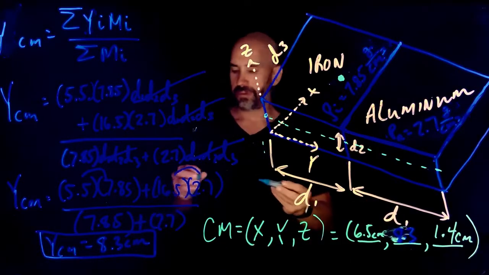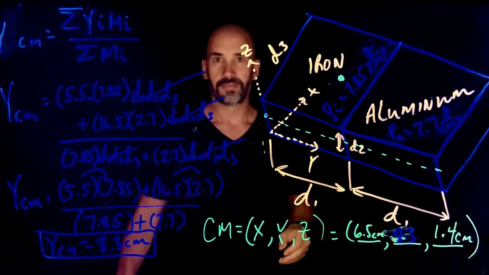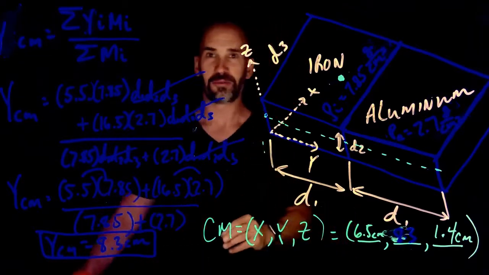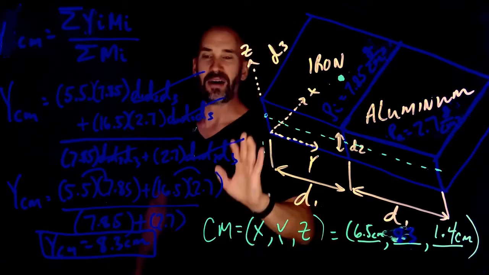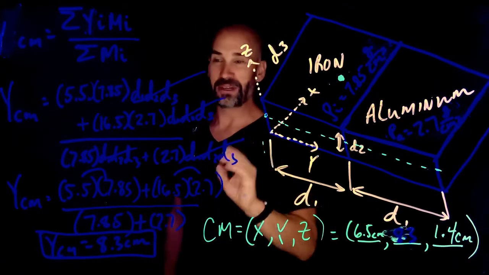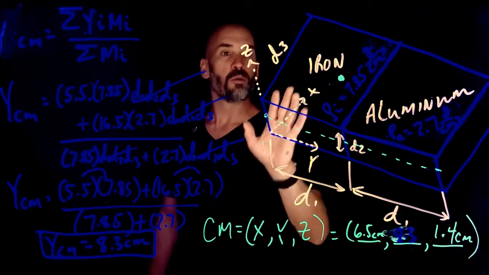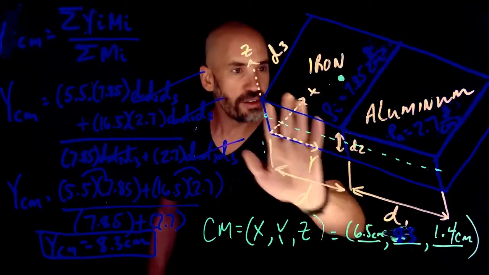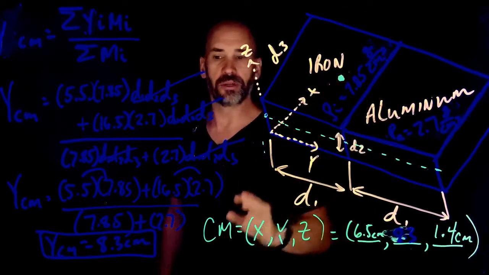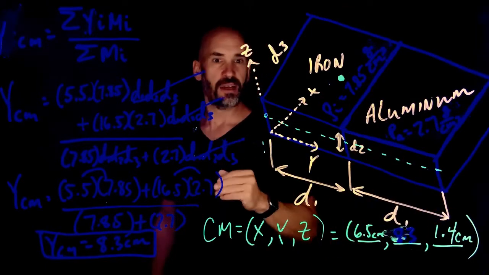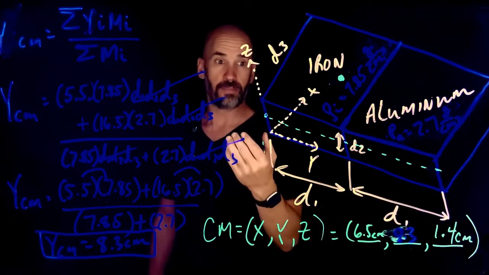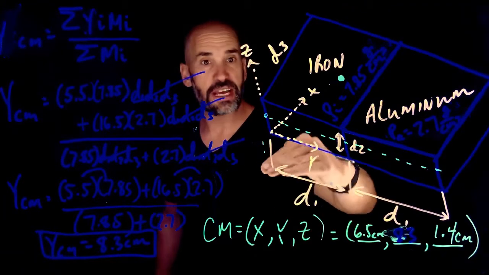So just to recap, we were able to take this weird mixture of iron and aluminum and find the center of mass by using arguments about symmetry. We know that nothing changed in z.